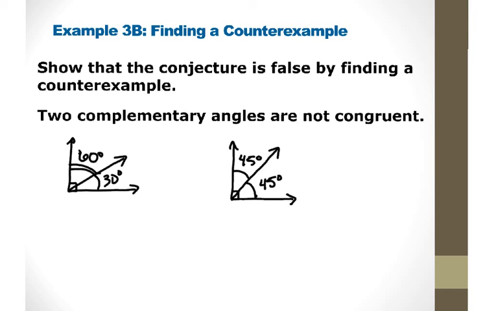That's the only case where it shows that this conjecture is false, but it doesn't matter. Just one case and one counterexample to show that this conjecture is false means this whole statement is false. Okay, so that is our counterexample for this one, and we are actually done.